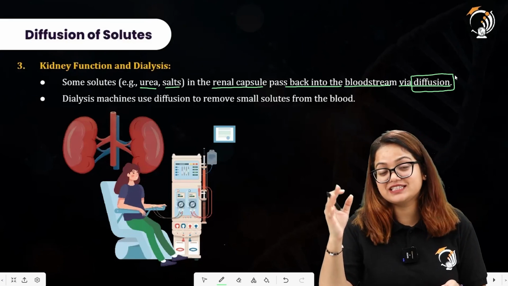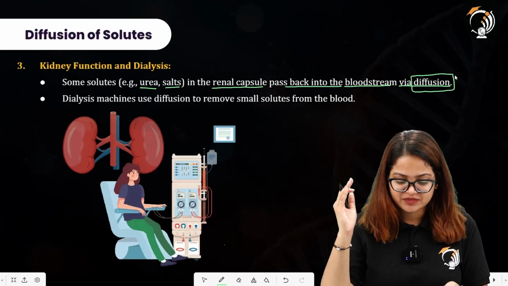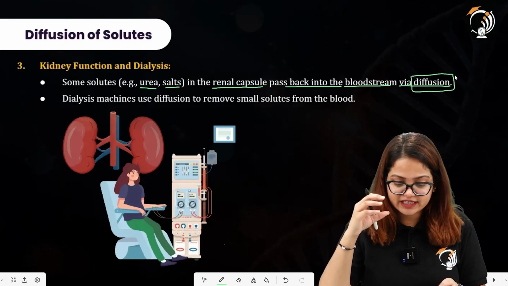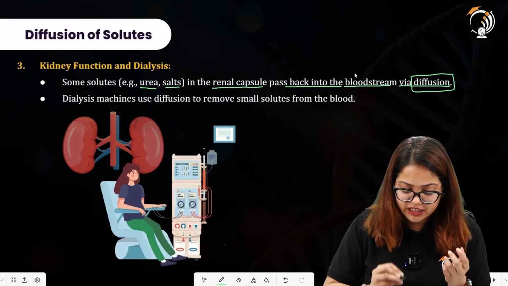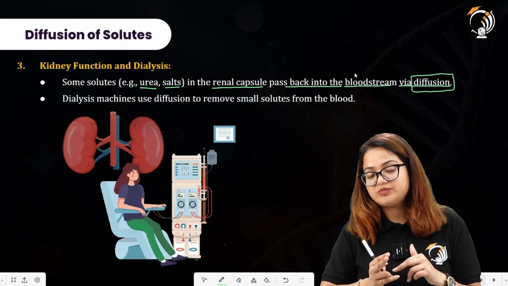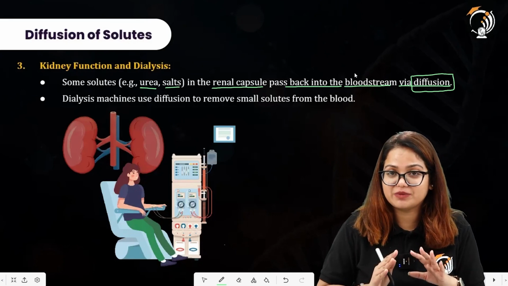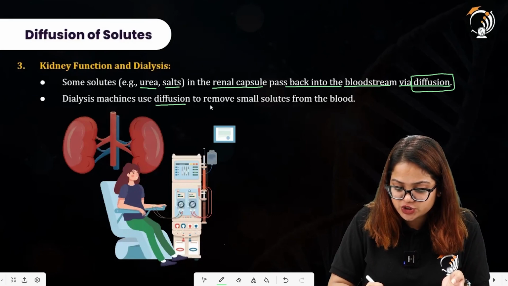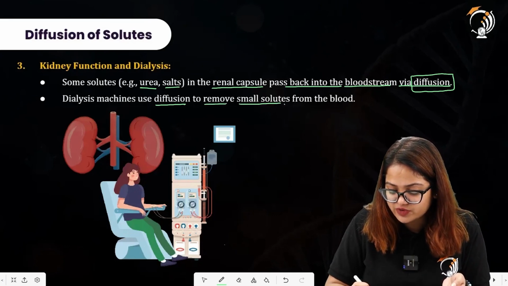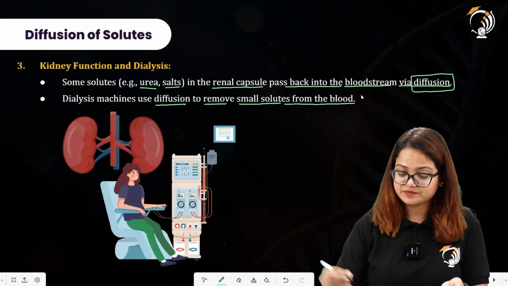We will discuss those in later one shots as well. The dialysis machine also uses diffusion to remove small solutes from the blood.